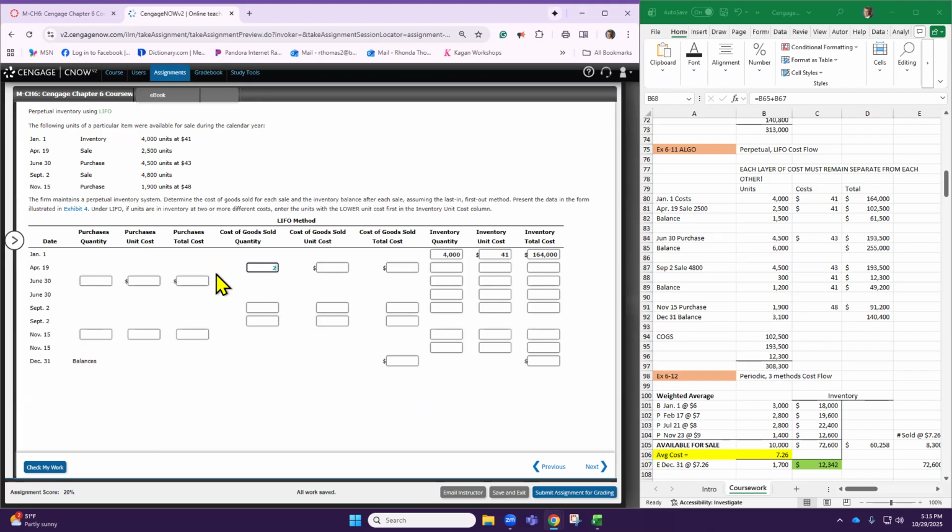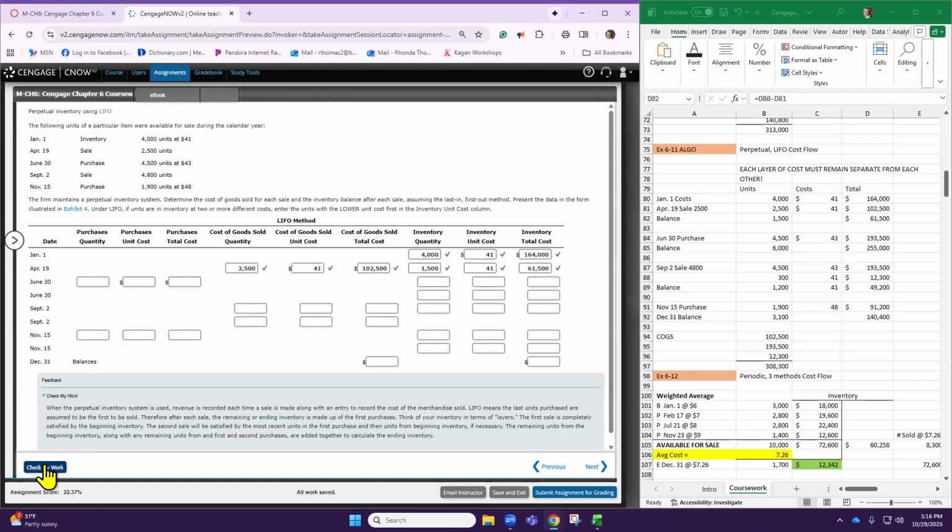So we're going to sell out of there 2,500 units at a $41 cost. That's $102,500. Let me double check my math here. Yes. And then that leaves 1,500 units at a $41 cost. So that leaves $61,500 after that first sale.